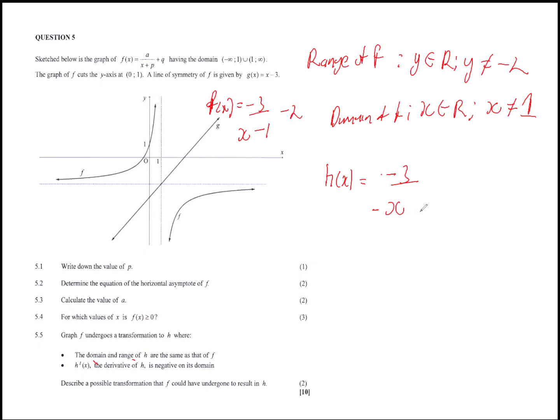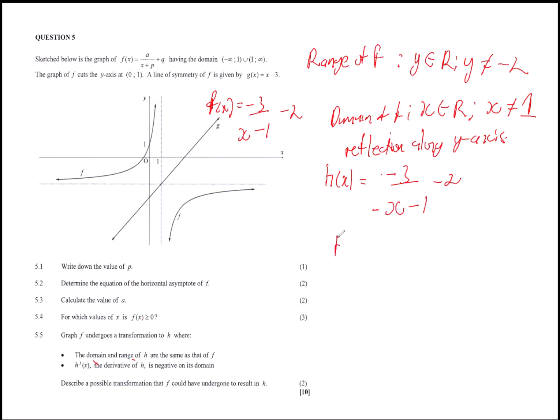So that's -x and then -1. Remember, most of the time it stays the same when it's a reflection along the y-axis. So let's try reflection along the y-axis, right? So that's -3 over x minus 1 and then -2.